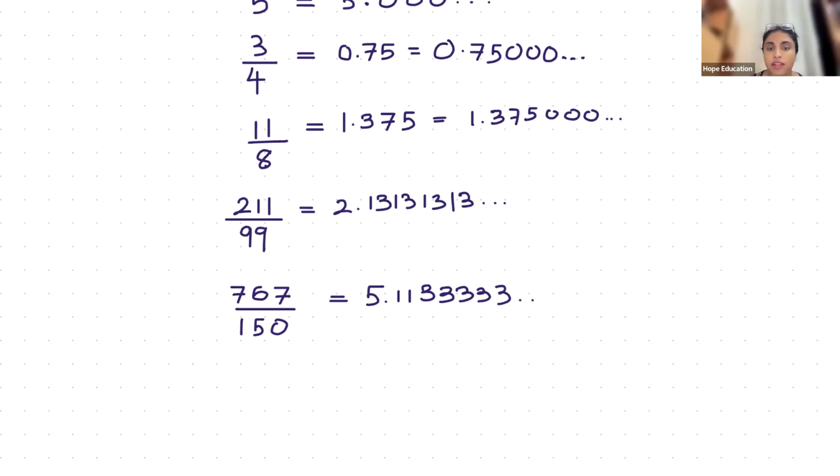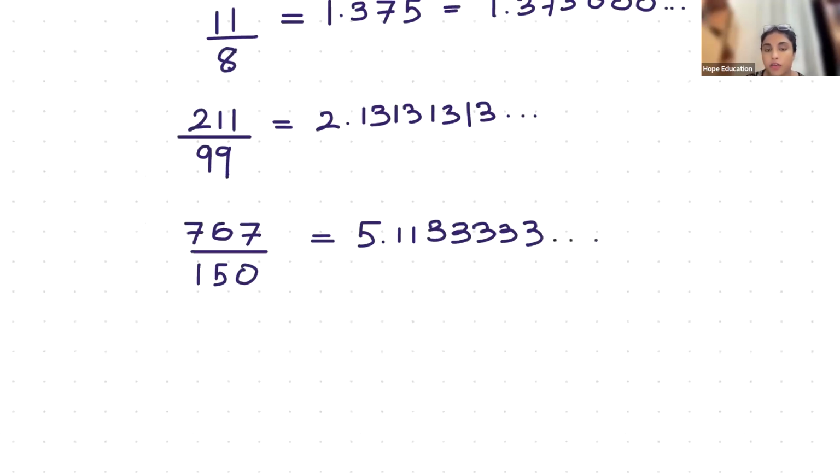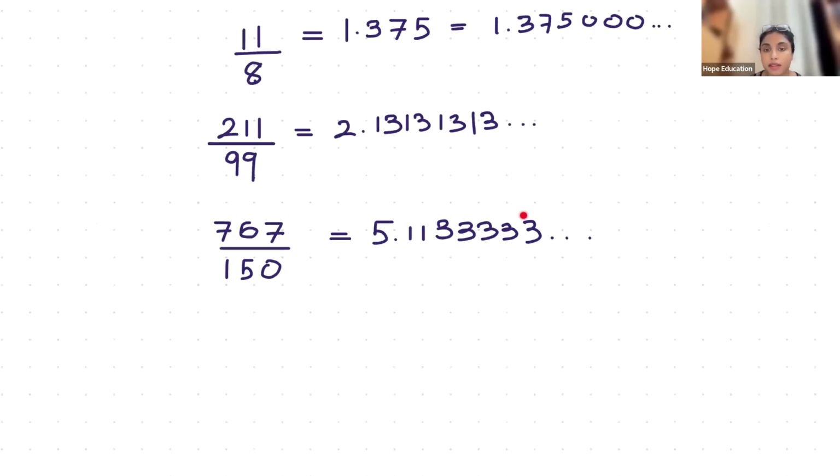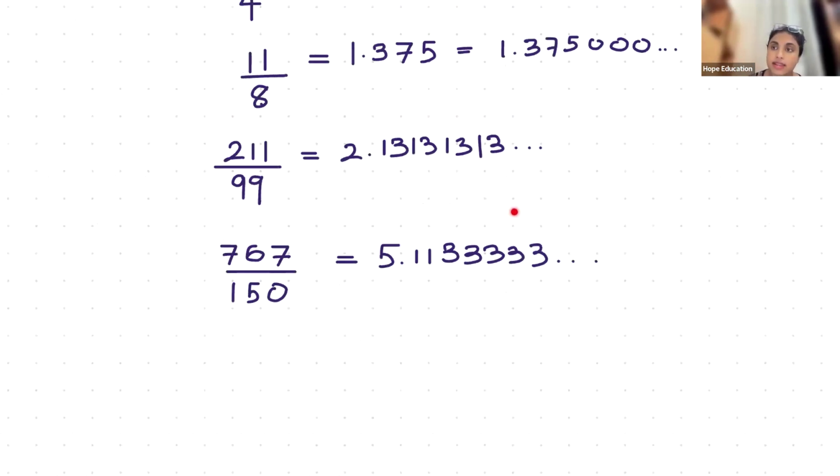If you look at this, 1 is just 5.11, but look at this number 3, 3 3 3 3 3 3 3 3, it goes on as 3 3 3 3, it's an infinite decimal still. However, there is a recurring pattern, a repeating pattern. So that is still a rational number. Anyways, looking at the fraction, you can say it is a rational number, right?